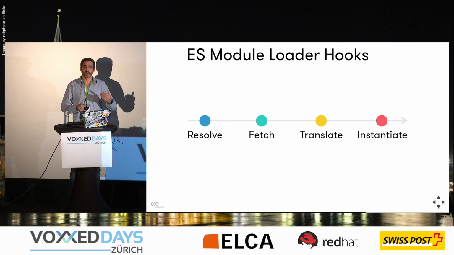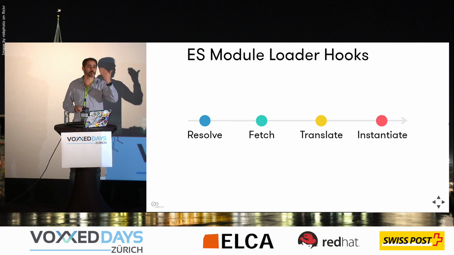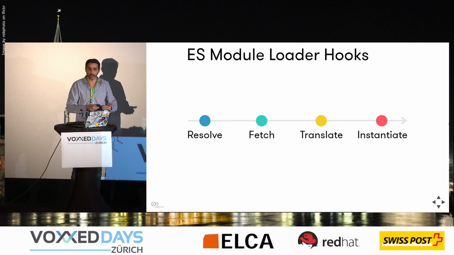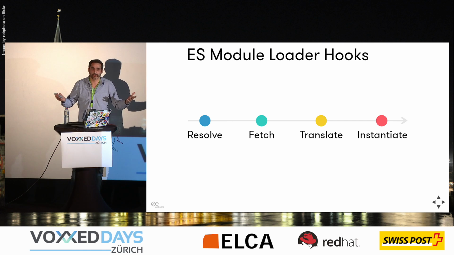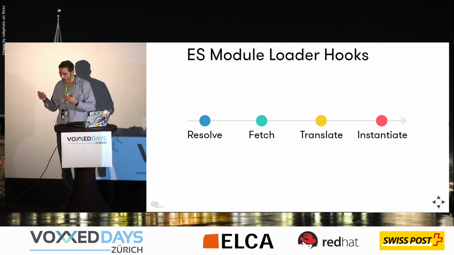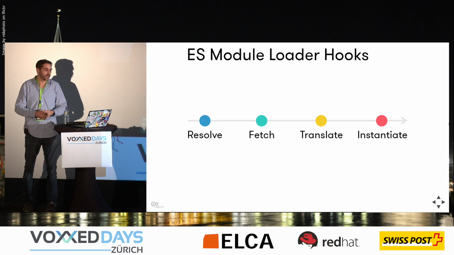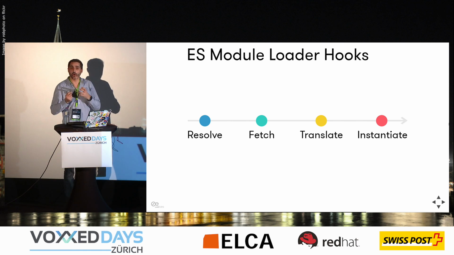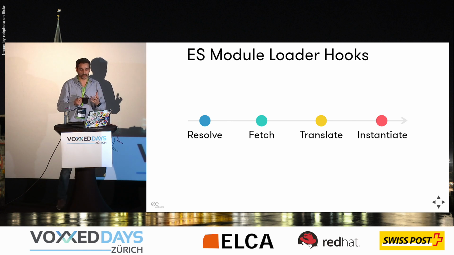So if I say require A or import from A, then this A is getting passed to resolve. And resolve needs to tell, okay, A is probably a.js in the current folder, for example. So it needs to be resolved to a URI. And then fetch takes this resolved address and fetches the content of the file, the text content, let's say.